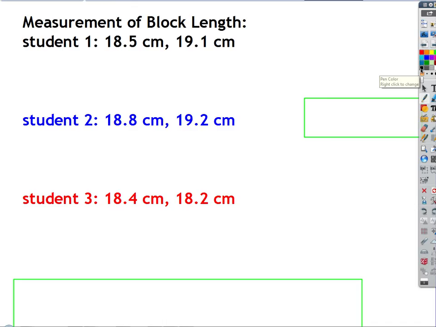I could say something like 18.8 centimeters, but I also want to communicate that that wasn't my actual measurement. I measured something different from that, and there was some variation. So what could I do? I could say approximately. And maybe I even want to communicate how much variability there was in the measurements.